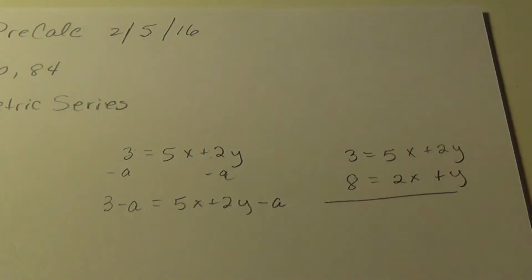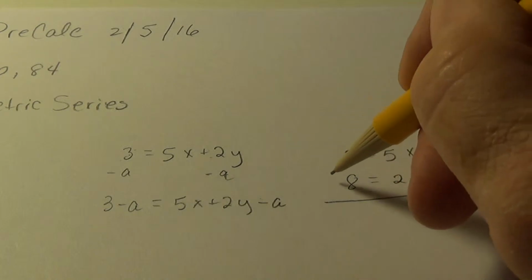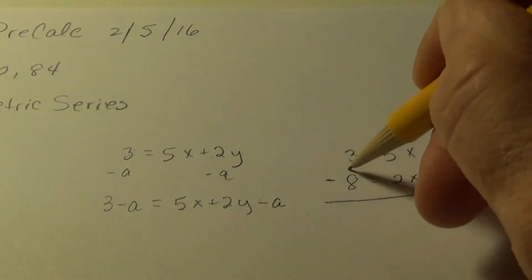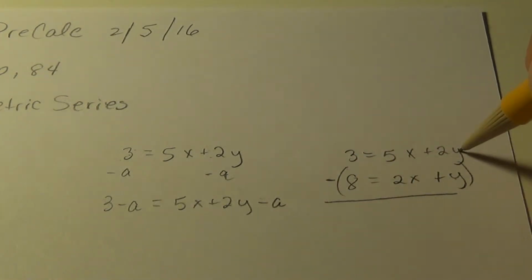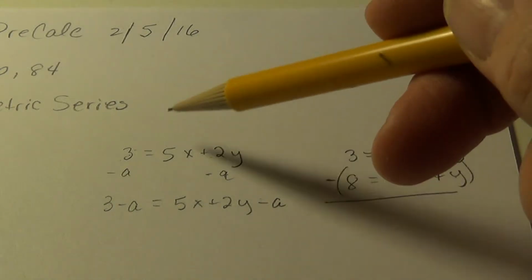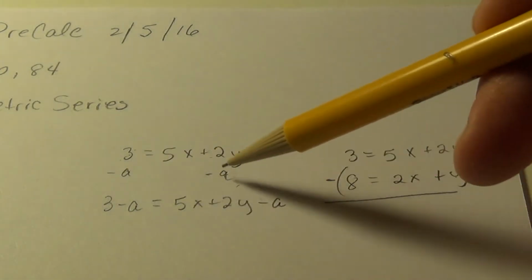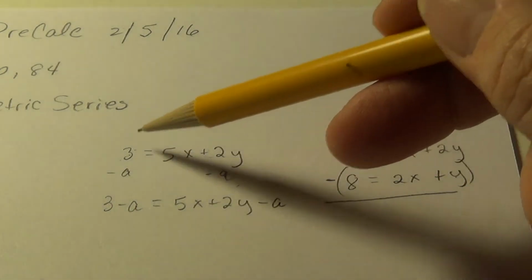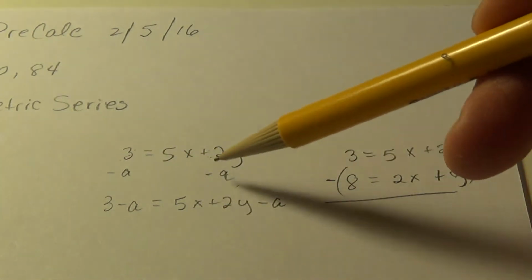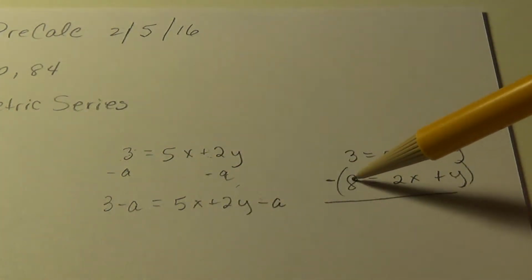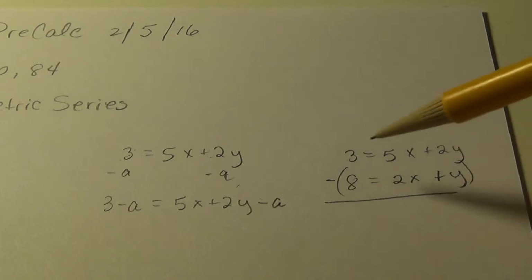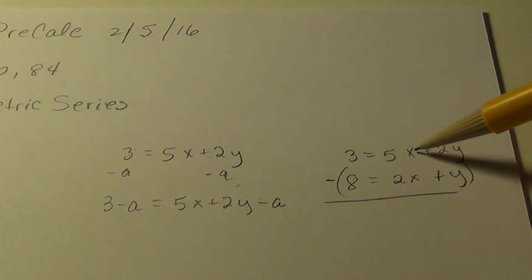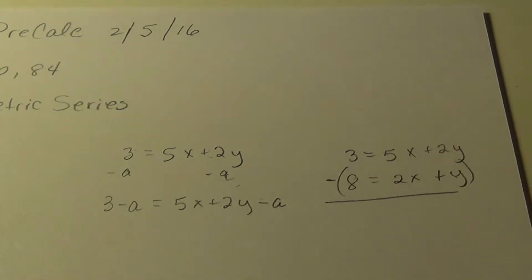Does it make sense to you that if I want to, I can subtract this equation from this one? I'm doing the same thing. I'm taking two things that are equal and subtracting them, one from one side, one from the other. It's just as legit.